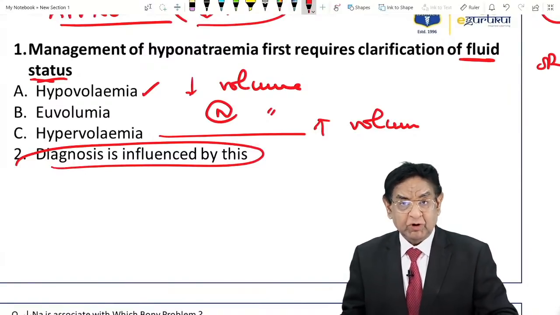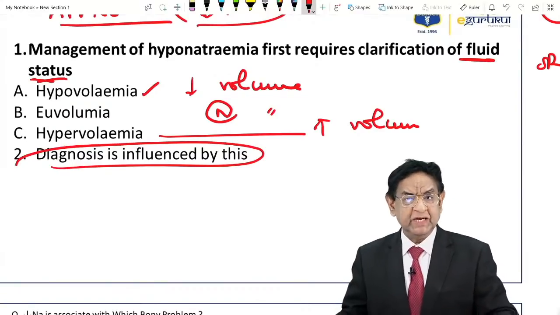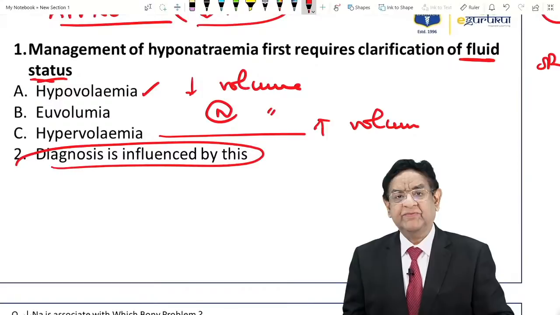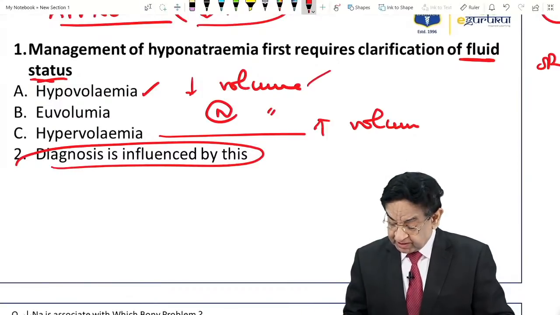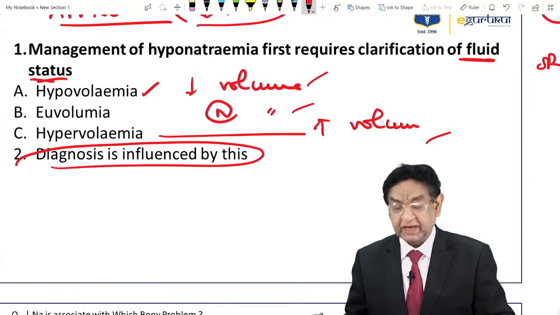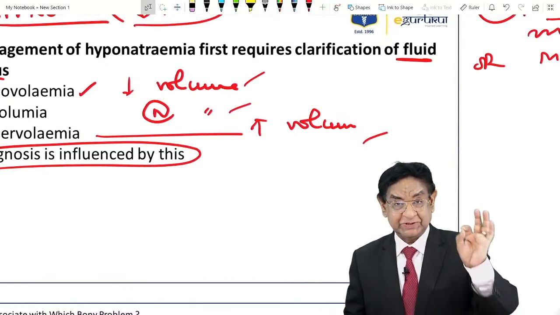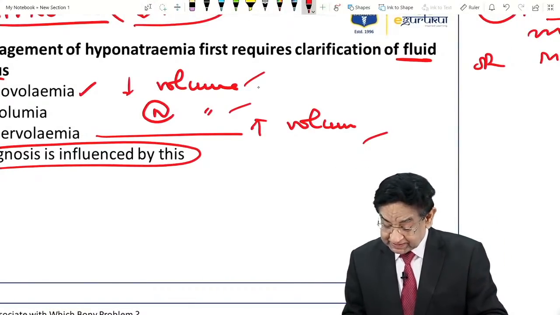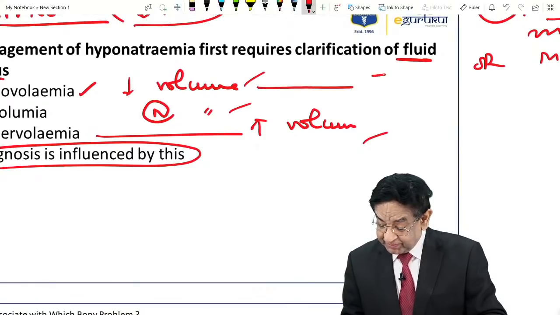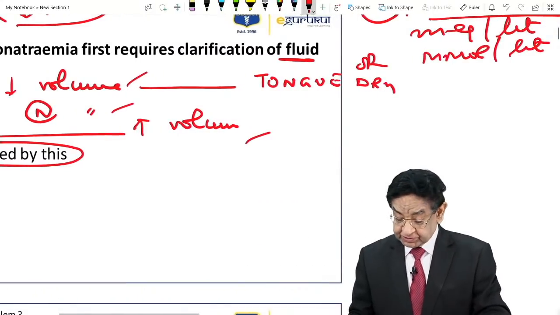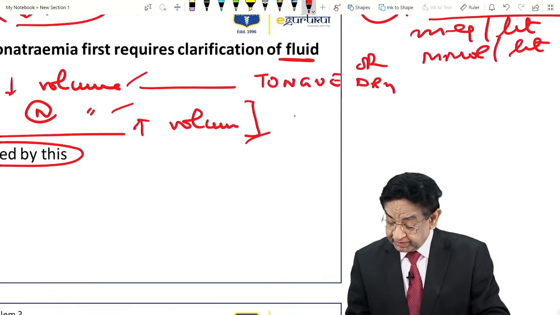So with this small background, now you are going to ask me, sir, how to find out, in the patient sitting in front of you, whether it is low volume or normal volume or hypervolemia? Well, simplest thing: in hypovolemia, the tongue will be dry. In the other two, the tongue will be moist.